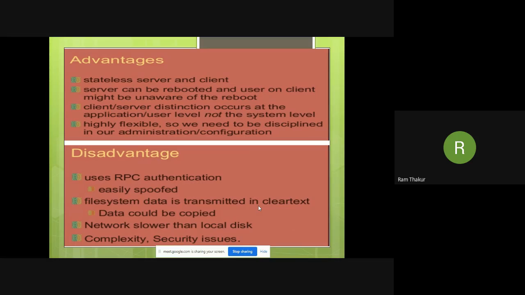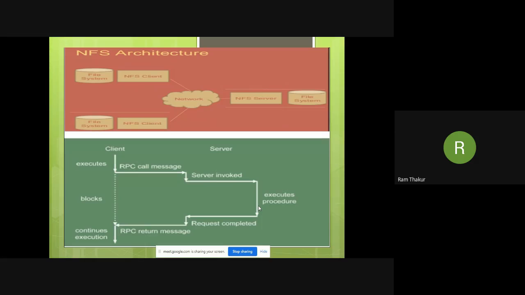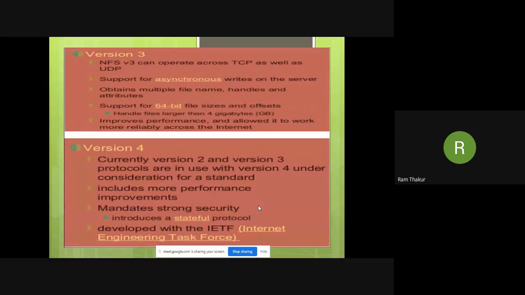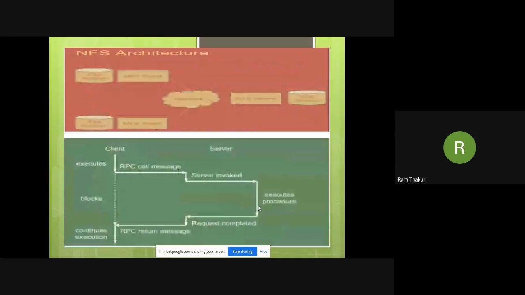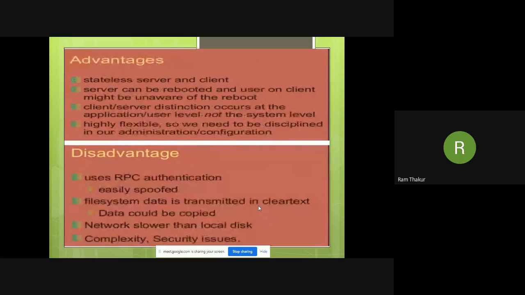Second, it is highly flexible. So basically these things are given in the advantages. One is stateless. That means data can be sent from any server, to any client. Why is it treated as an advantage? Can you guess? Because in version 4.0 you have seen that the protocol is stateful now, but NFS servers are stateless and I am treating this statement as an advantage.